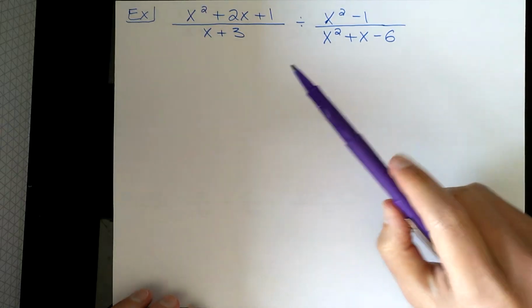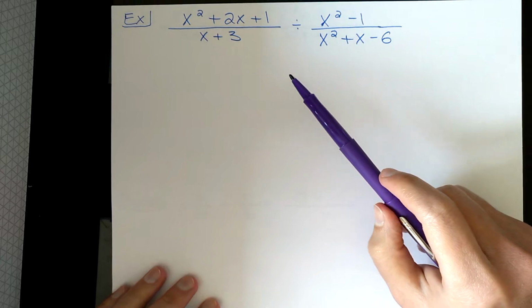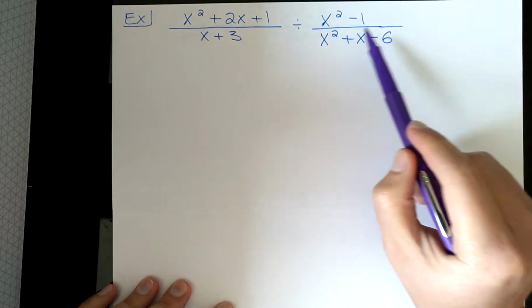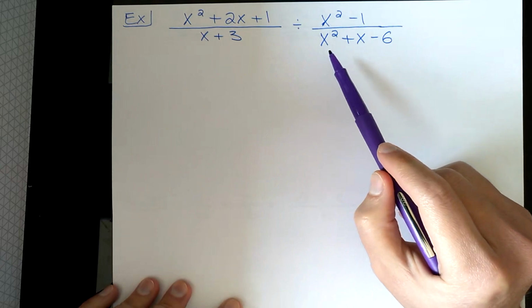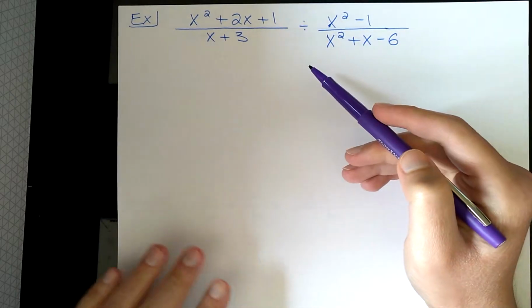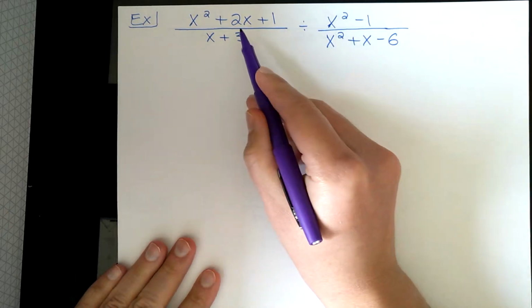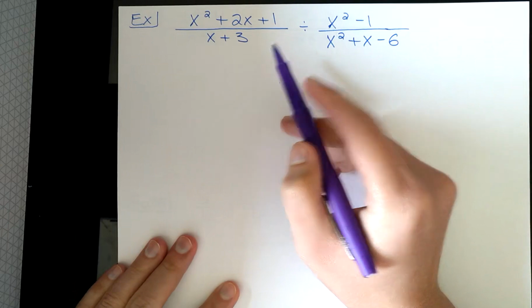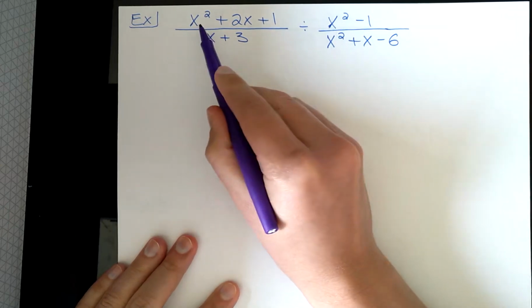From here, we're going to go through another problem, and then I'll have you all try the next one. We need to simplify this problem as much as possible. The first thing that we have to do here is to factor every polynomial.